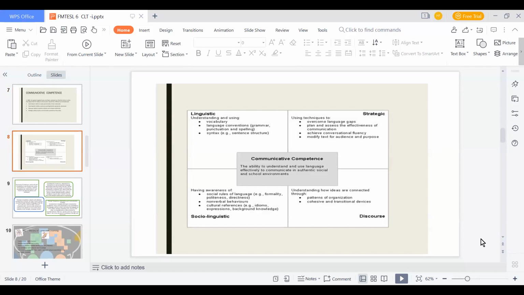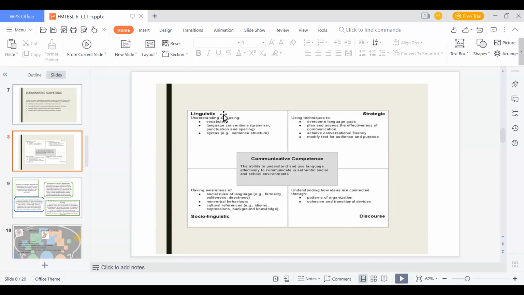Right. But it is only one component of communicative competence. The other three we have been neglecting. We have not got them to develop these other three competencies. That is why there is a gap between knowledge and performance. We have been focusing only on linguistic competence, another word for which is grammatical competence.